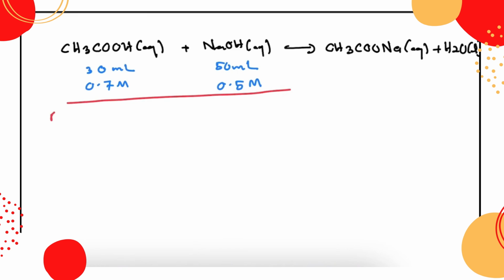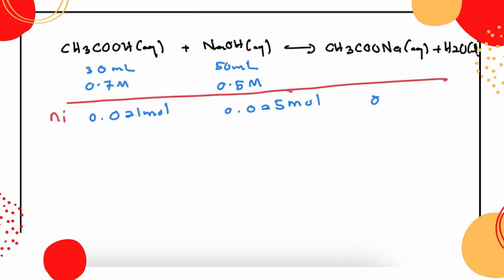So you have to convert to mole initial. So the number of mole initial for the acetic acid is 0.021 mole, and for the sodium hydroxide it is 0.025 mole.